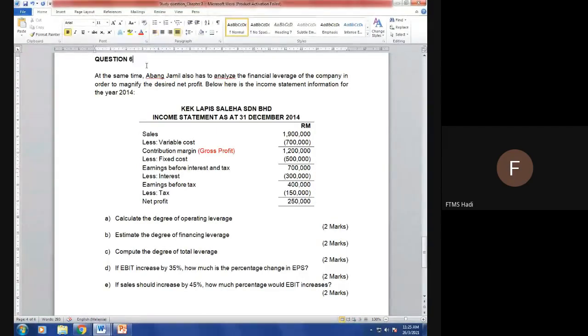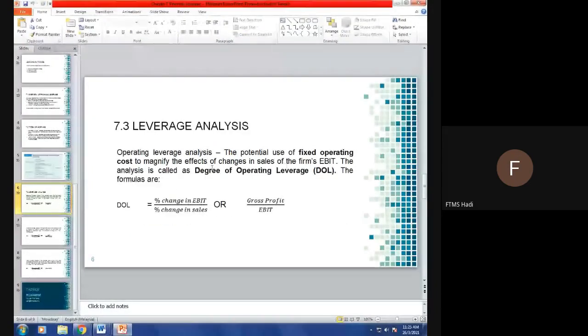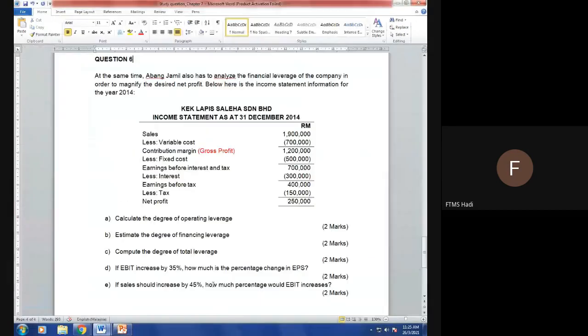Question A, calculate the degree of operating leverage. If you see this, calculate the operating leverage, DOL: gross profit divided by EBIT.